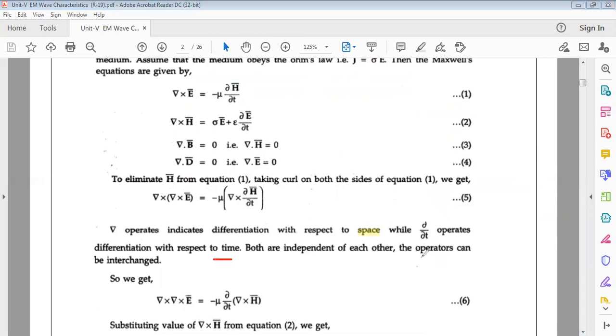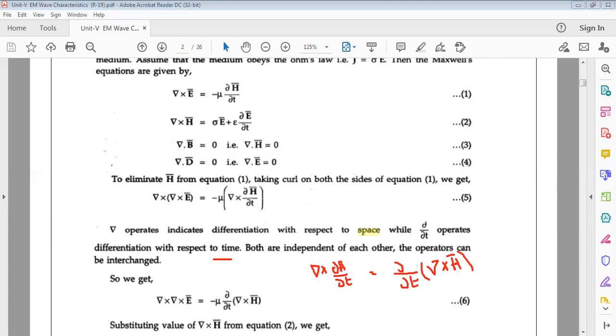Both are independent of each other, so the operators can be interchanged. Del cross E bar is equal to minus mu into dou by dou T, and you can write this outside. So del cross dou H bar by dou T is equal to dou by dou T of del cross H bar.